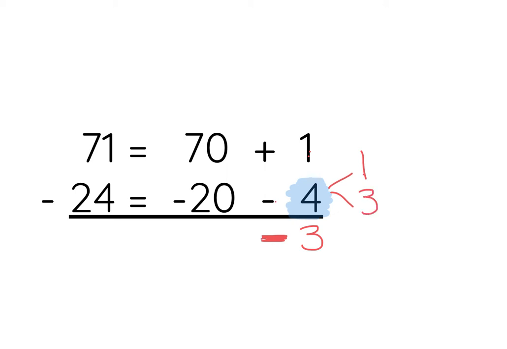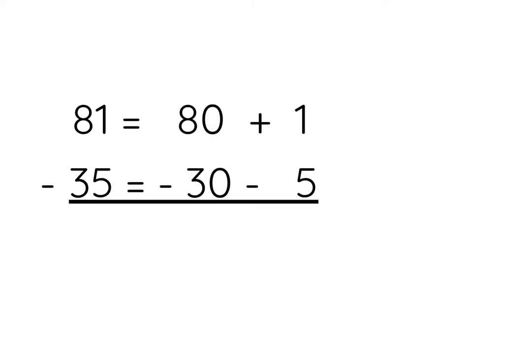So minus 3. And 70 minus 20 equals 50. Now I use my partners, and I say 50 subtract 3. Well, I know 3's partner is 7, so it's 47. Great job.